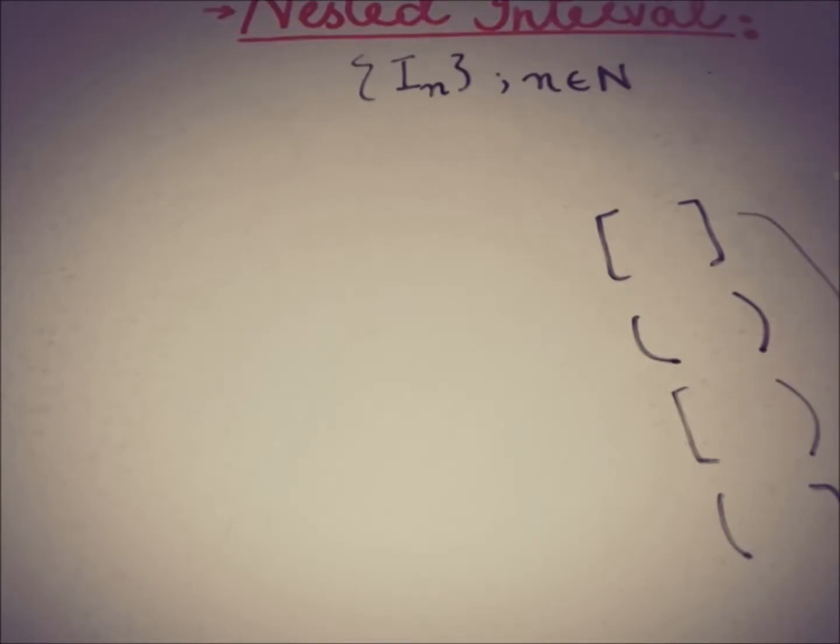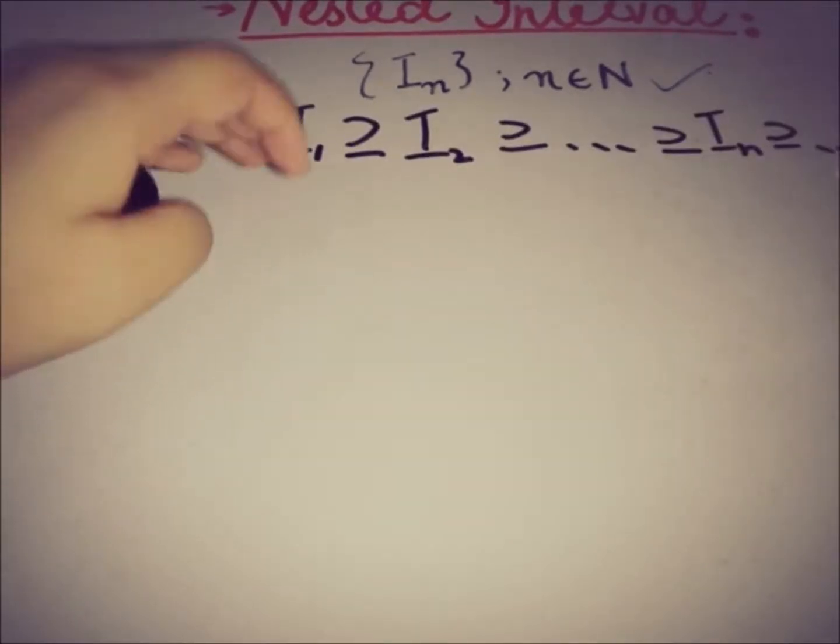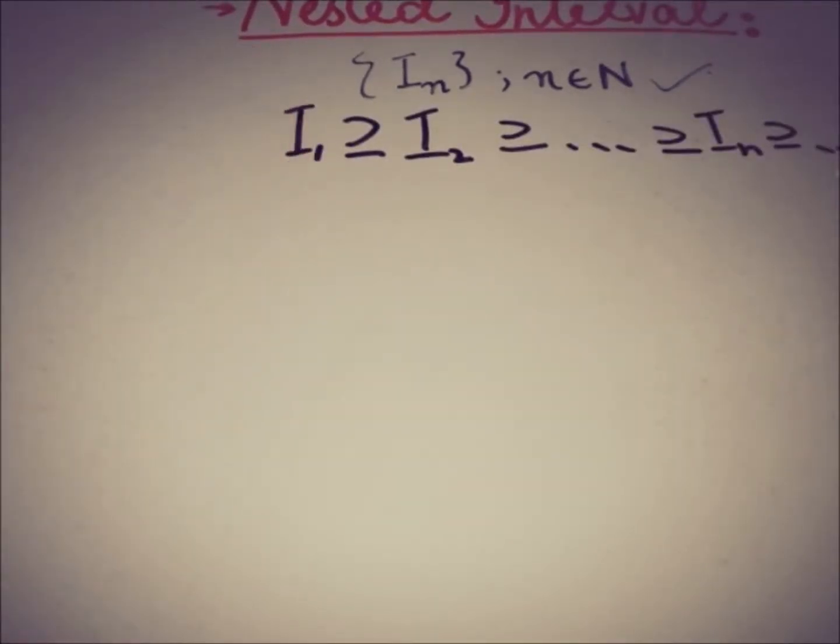Now we have a sequence of intervals, and this sequence of intervals is said to be nested intervals if I1 is a superset of I2 and I2 is a superset of I3 and so on.